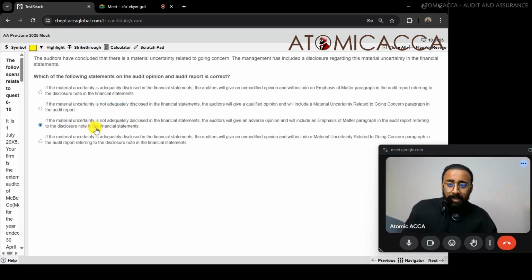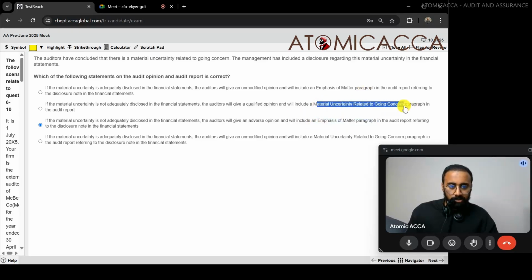Third one. If material uncertainty is not adequately disclosed, the auditor will give an adverse opinion. A qualified opinion is like a minimal thing. An adverse opinion is like a major thing. So that depends on the going concern situation, how significant or less it is. And it will include an emphasis of matter paragraph, which we already explained earlier. It's wrong. Going concern issues are not mentioned under an emphasis of matter paragraph.